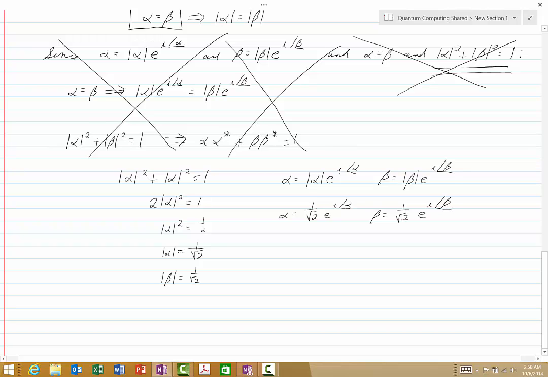But remember, alpha equals beta, and so that means that the phase of alpha is equal to the phase of beta, and let's just call that theta. So our final conclusion is alpha equals beta equals 1 over square root of 2 e to the i theta.